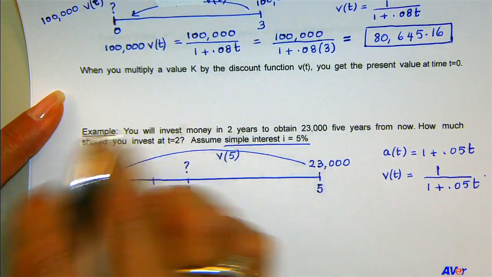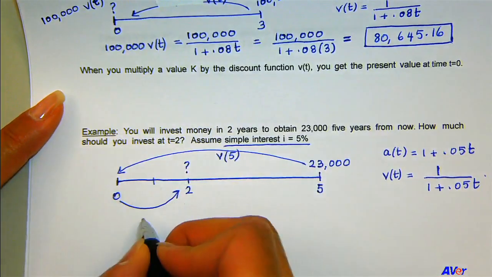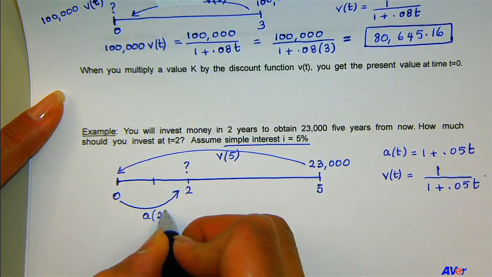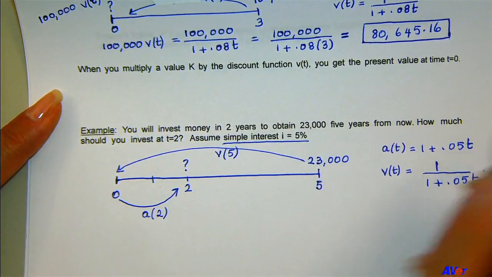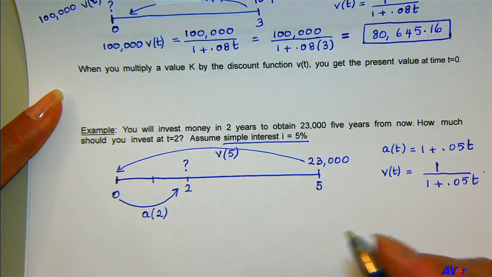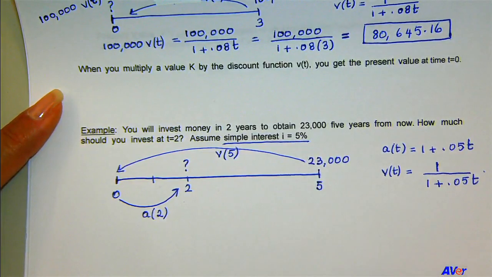Apply V of 5, which will bring it to 0, and then apply A of 2, which will bring it up to 2. Now the question is, what's wrong with saying 23,000 V of 3? What's wrong with that? Is that because the interest rate will be decreased after the... Exactly right.